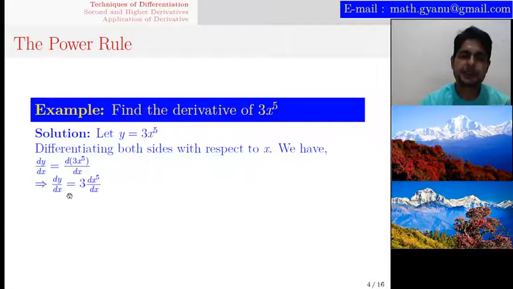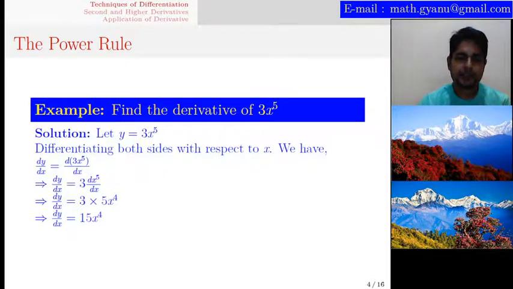This will imply the differential coefficient equal to 3 times d by dx of x^5, since 3 is a constant coefficient, we may take it out. And this will be 3 times 5x^4, because the index 5 will come to the coefficient and the index will be decreased by 1 unit, so it will be 4. Thus finally we have the differential coefficient equal to 15x^4. Okay, from these two examples you understand how to use the power rule in simple cases.